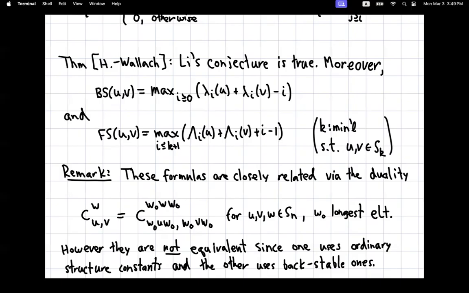However, the results themselves are not actually dual. The reason being that the back stability number uses back stable structure constants and the forward stability number uses ordinary structure constants. And so it's not exactly the same to say that these results are equivalent. In fact, there's a significant technical hurdle in going between these sets of coefficients.